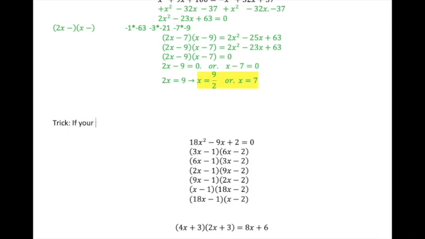Okay, here's a trick. If your standard form has no common factors, like here we have an 18, a 9, and a 2. 18 and 9 are both divisible by 3 and 9, and 2 and 18 are both divisible by 2, but there's no number that divides into all 3 of these.